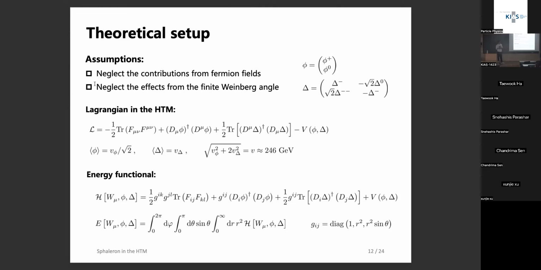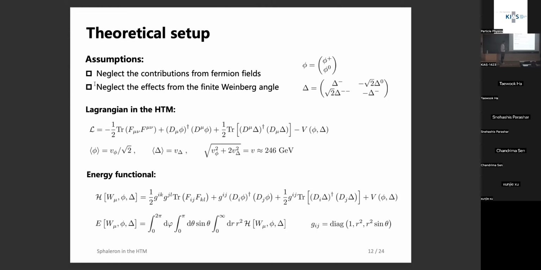This will lead the solution of the Sphaleron to have a spherical symmetry. And the inclusion of the finite Weinberg angle will slightly modify the Sphaleron energy, but the influence is very small. It's at the order of about 1%. So we can safely neglect it.